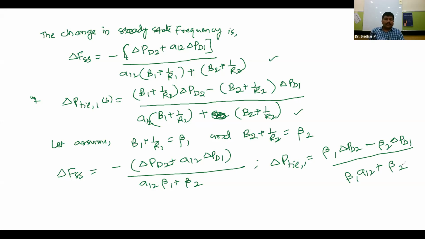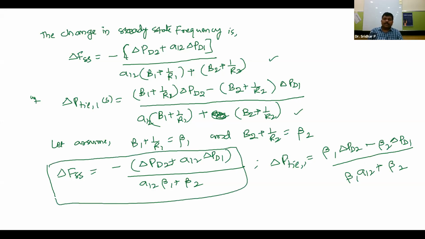So these are the two important expressions we have to remember, because based on this we are going to solve a few problems. These are the two cases: the change in the frequency, and the change in the tie-line power. Just take a screenshot of this, it will be useful for you.